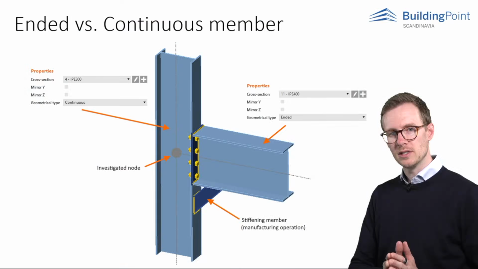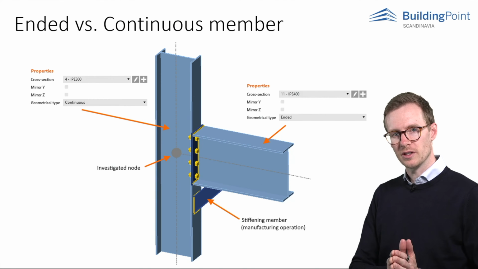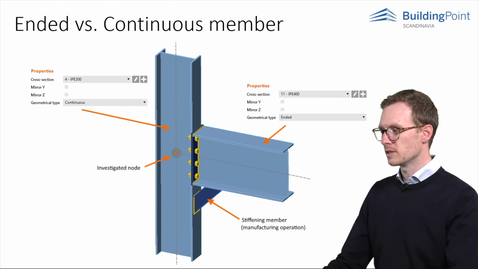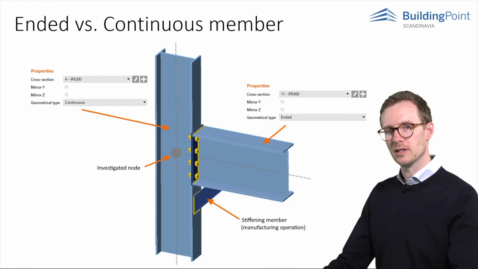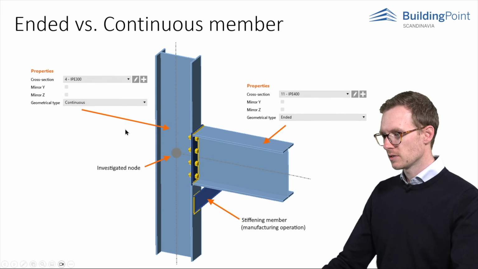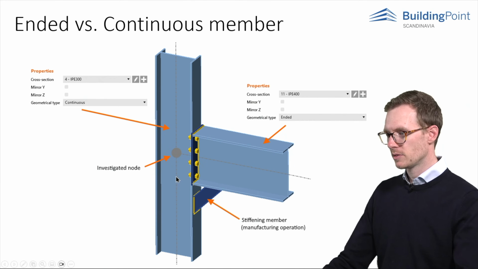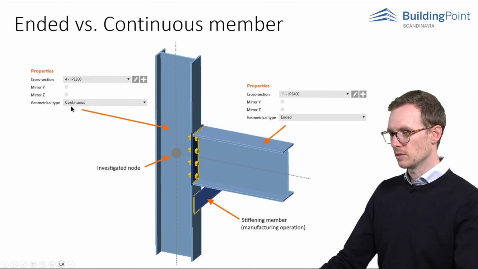So now you have seen the demonstration of the connection application and the workflow of how to work through the steps. Now I want to show you a couple of things that you need to keep in mind before using the software. First of all, some definitions. The main members you can apply load to, they are defined as members. You can even have them ended or continuous.